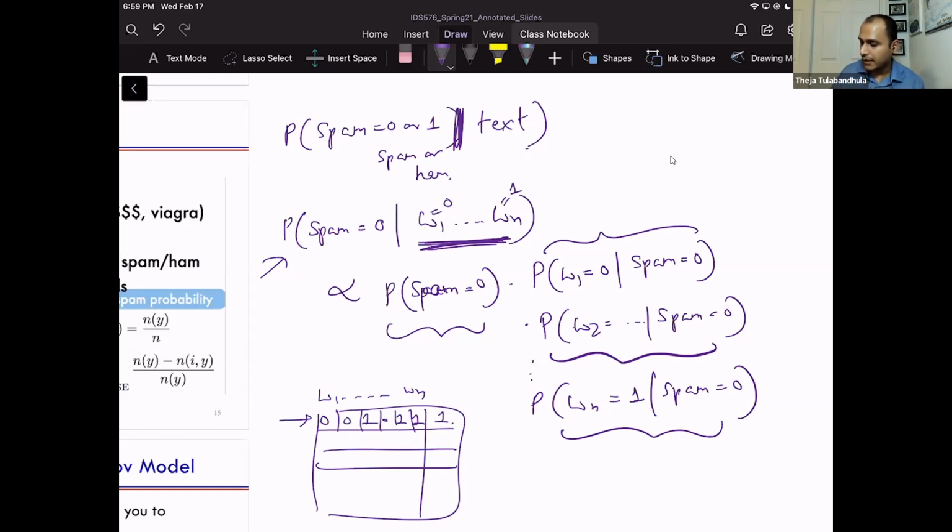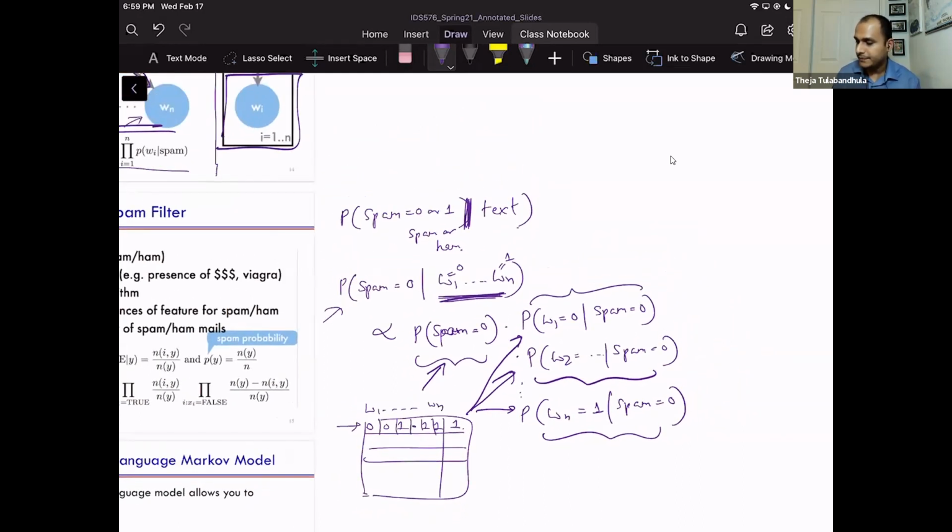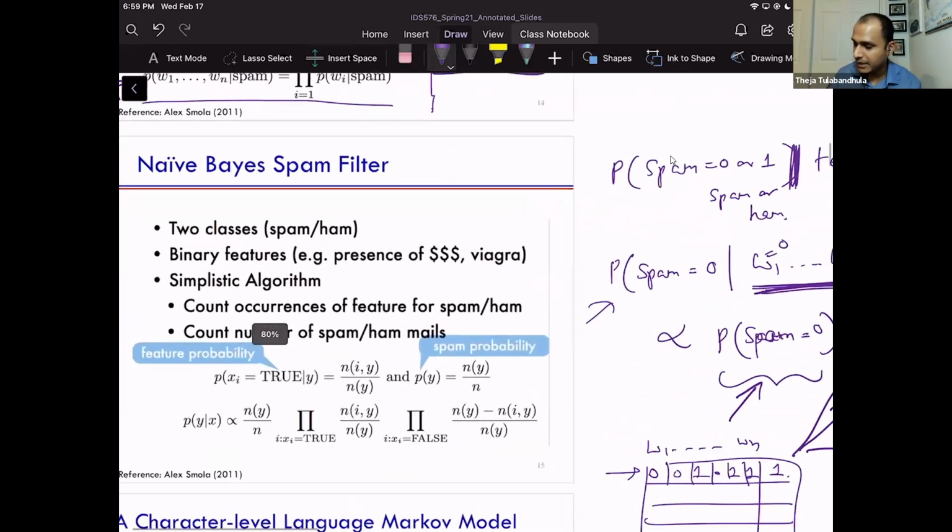So you'll have a table like this. From this table, you can compute this marginal probability. You can also compute each of these conditional probabilities. Once you compute them, then for any given new text data, you can compute the probability of the text being spam or not. And that's exactly what's being mentioned here.